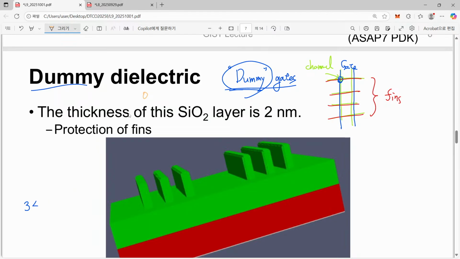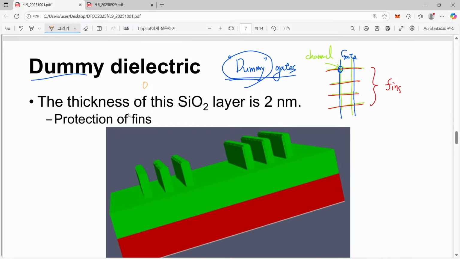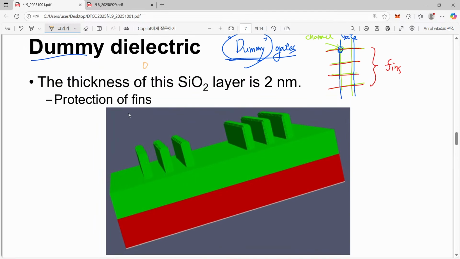After that, let me just explain once again. Where can you find your NMOSFET, and where can you find your PMOSFET? Of course, the structure right now is symmetric, but let's say that this is for your NMOSFET, and this is your PMOSFET.